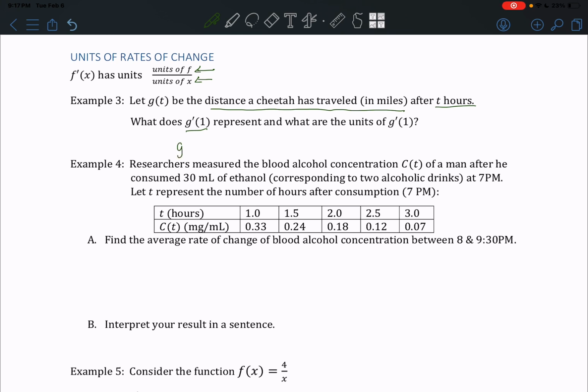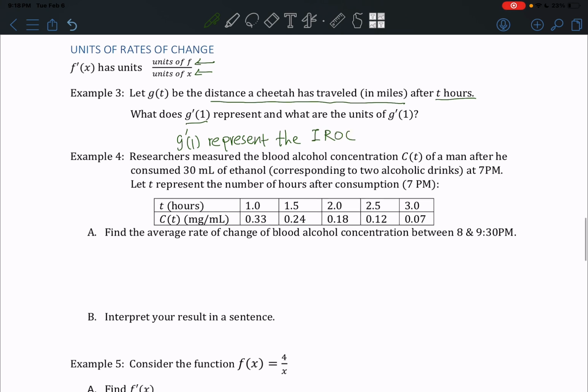So g prime of 1 represents the instantaneous rate of change in the distance at 1 hour.